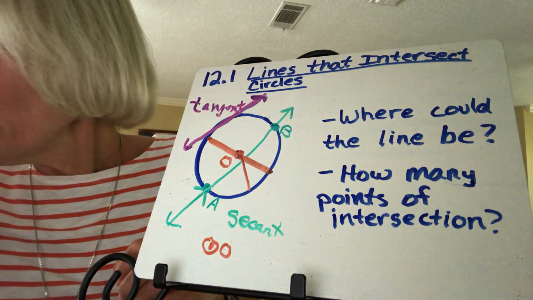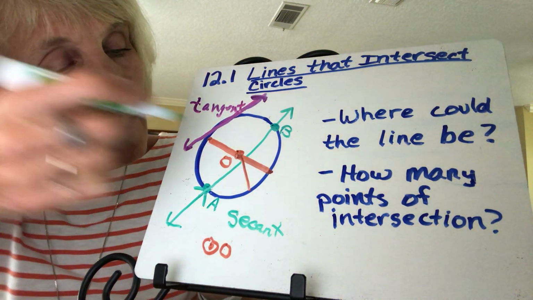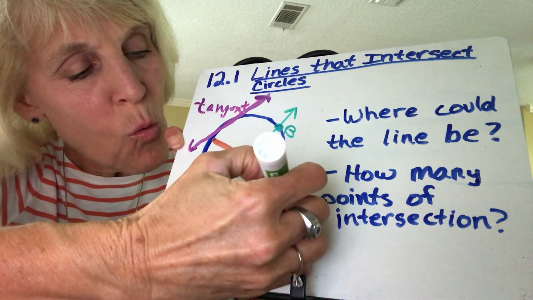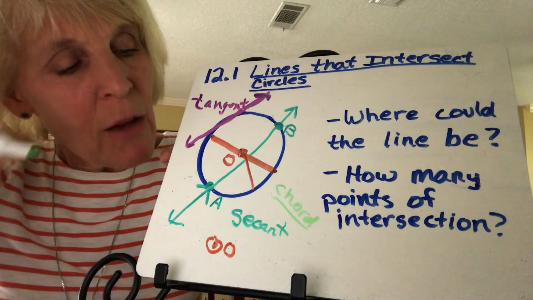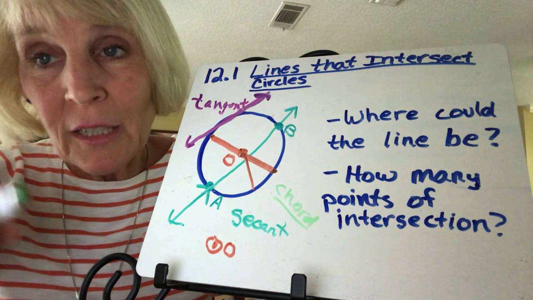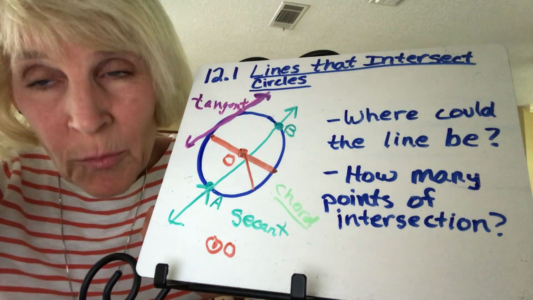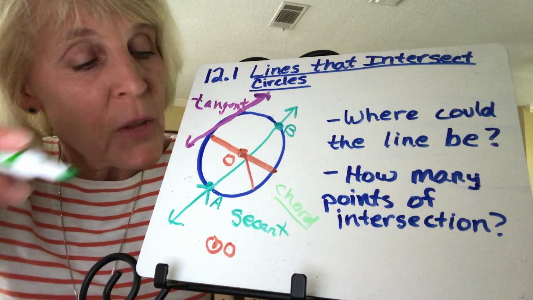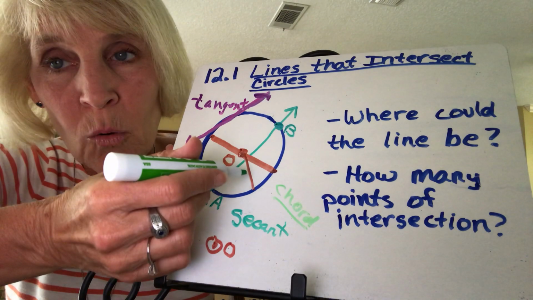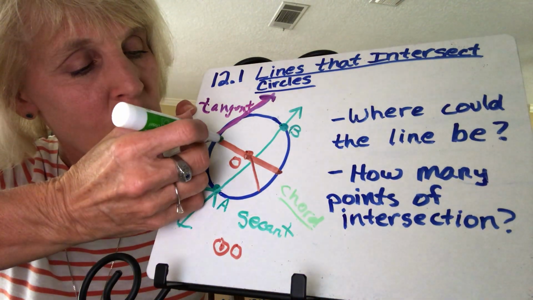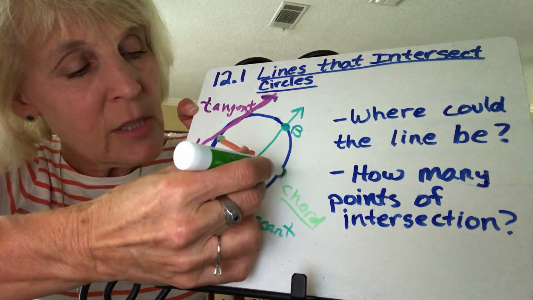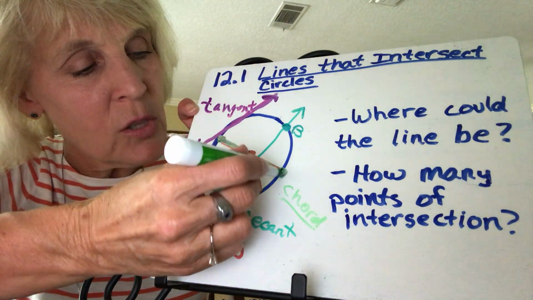But we also have that as a chord, C-H-O-R-D, chord. Now a chord is a segment, like a radius is a segment, like a diameter is a segment, a chord is a segment. But a radius is not a chord because it doesn't touch 2 points on the circle. Our diameter would be a chord because it touches the endpoints on the circle.